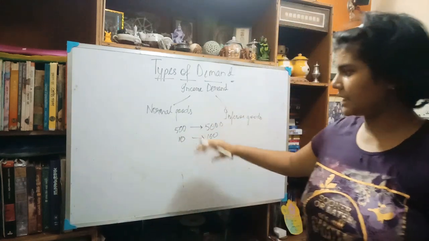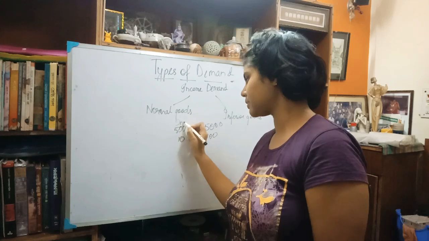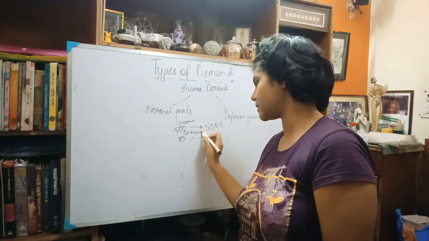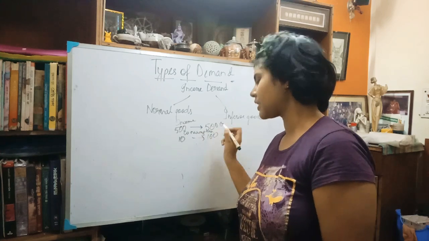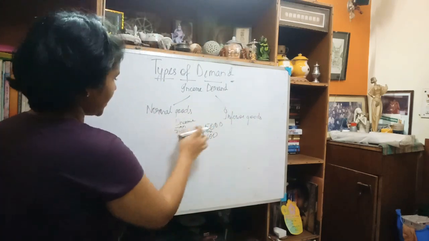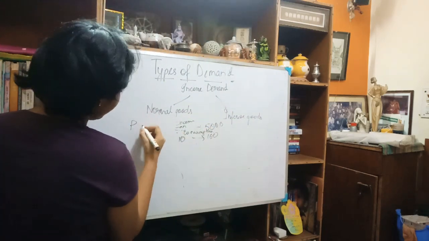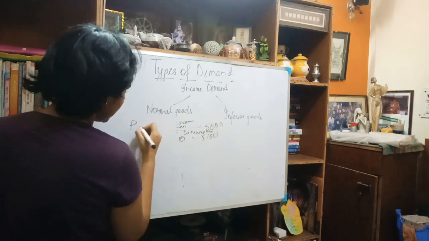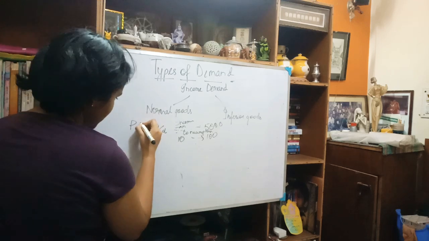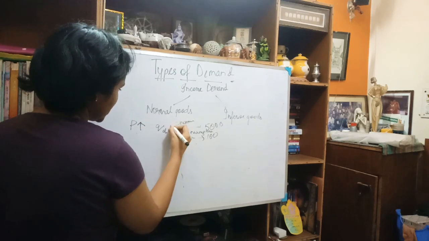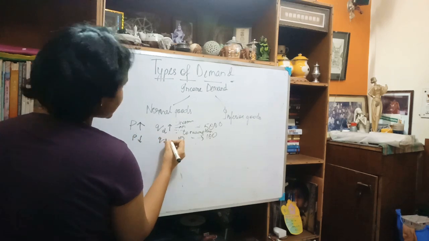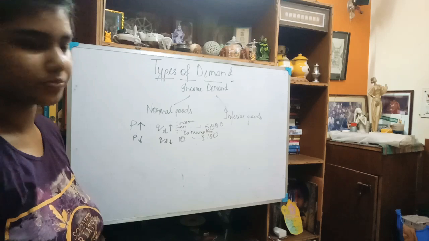When your income increases, consumption also increases. So in economics, we usually denote income as P, and consumption as Q suffix D. So the equation stands as: P increases, QD increases; P decreases, and QD simultaneously decreases.